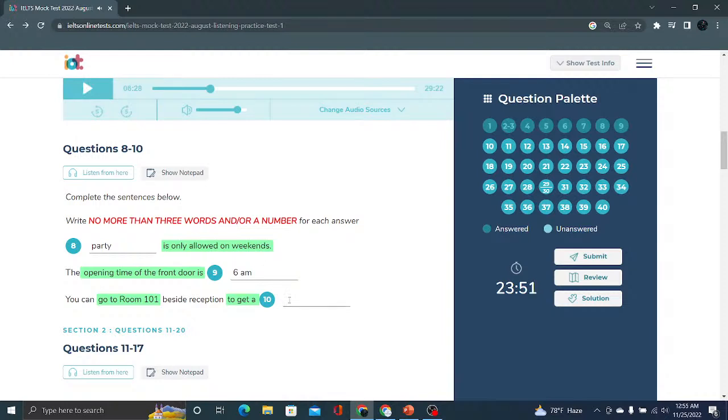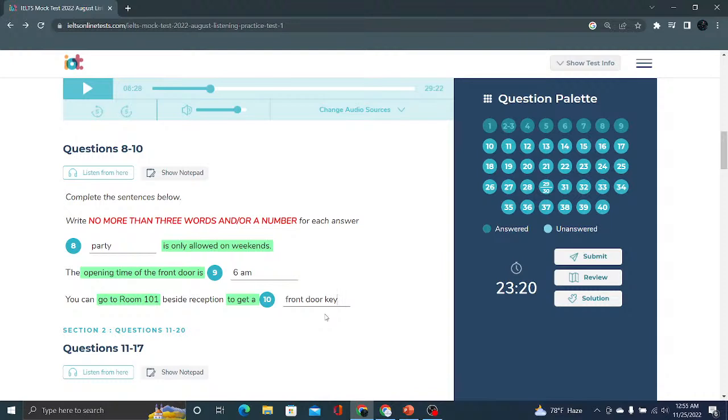Okay, I hope you got the answer. The answer would be front door key. Because she was saying, remember to take the front door key when you go out early or come back late.